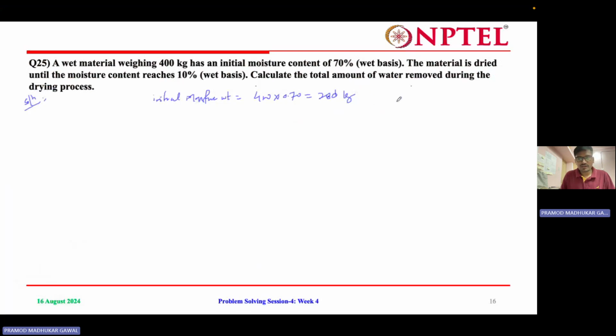Now calculate the dry weight of the dry material, which is 400 minus 280. So it's 120 kg, right?